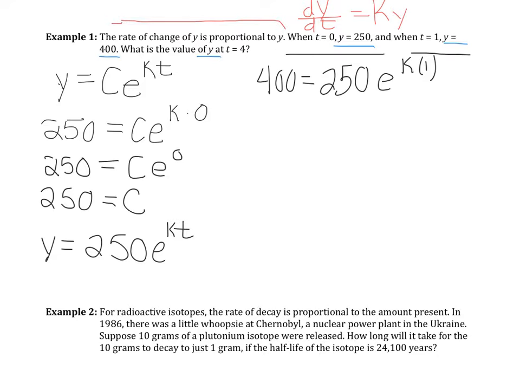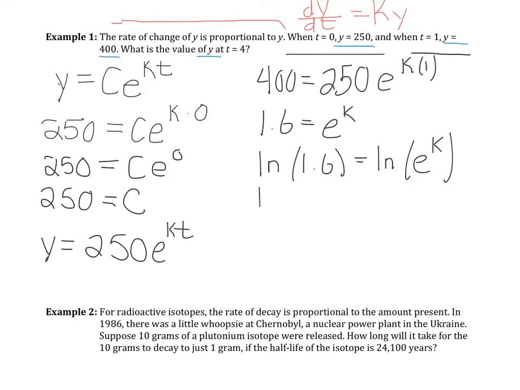Divide both sides by 250, and we get 1.6 equals e to the k. And then it's log time. Natural log of 1.6 equals the natural log of e to the k, which leaves us with the natural log of 1.6 equals k. And the natural log of 1.6 is 0.47.